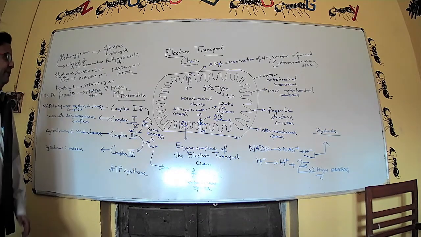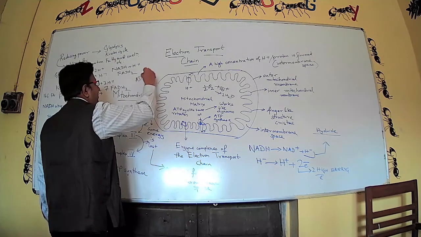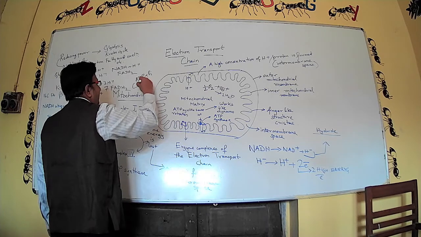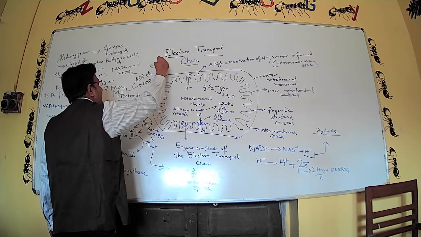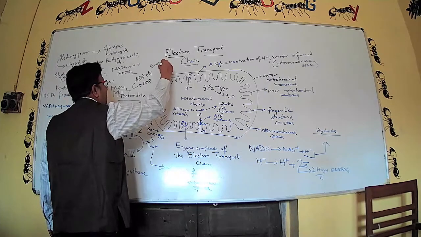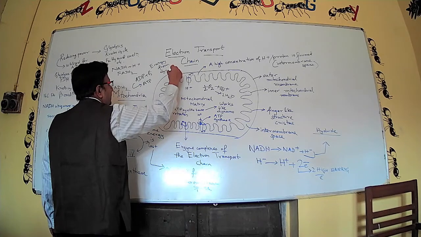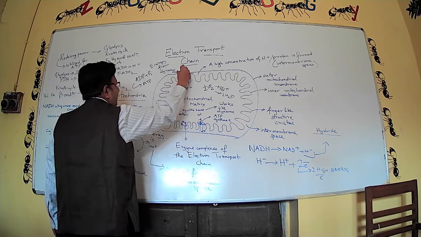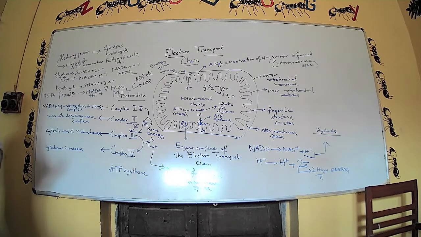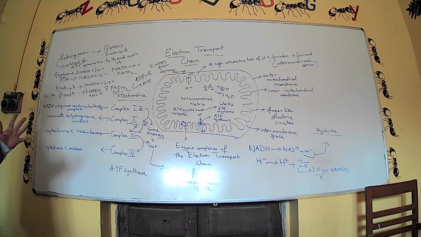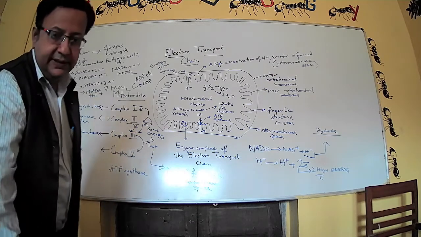Basically this happens, and ADP plus Pi forms ATP, using energy from the dynamo moving. This is what happens in the whole of the electron transport chain. These are the steps. Now we will go to the individual complexes.